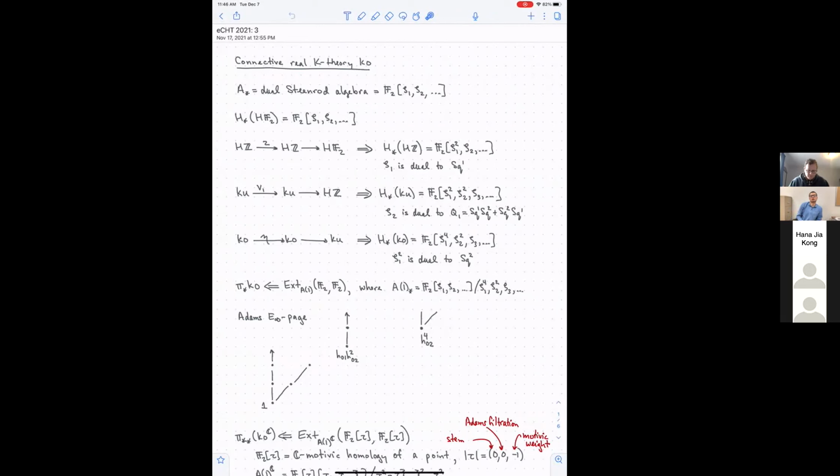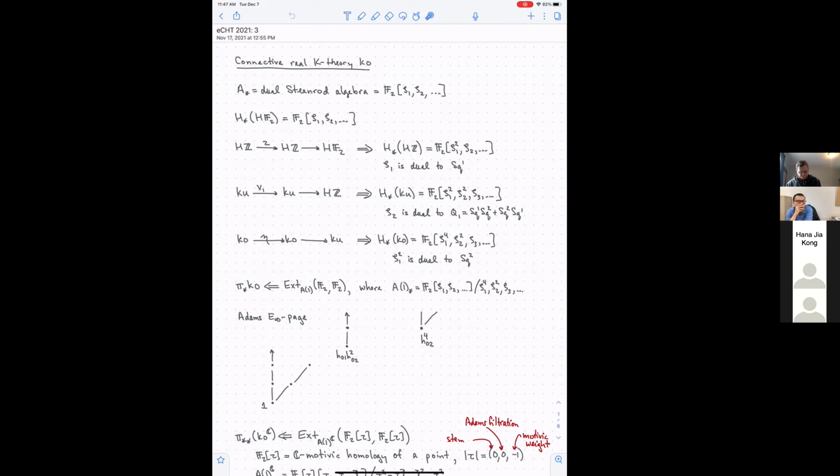Okay, so let's get started here. First of all, where all these Adams spectral sequence ideas start is the dual Steenrod algebra, A star. It is a polynomial algebra on these zetas. What I'm saying is that the homology of the Eilenberg-MacLane spectrum is this polynomial algebra on zeta i's.